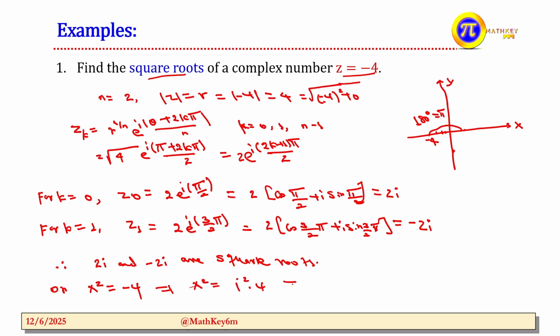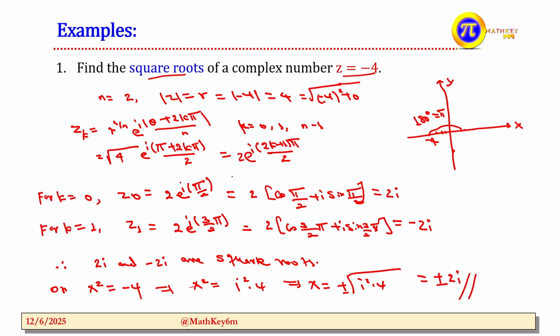This implies that the value of x equals plus or minus the square root of i squared times 4. Since this is i squared and 4 is a perfect square, we can take out i as well as 4, which equals plus or minus 2i. So we can obtain these forms, and we get the result we had before.